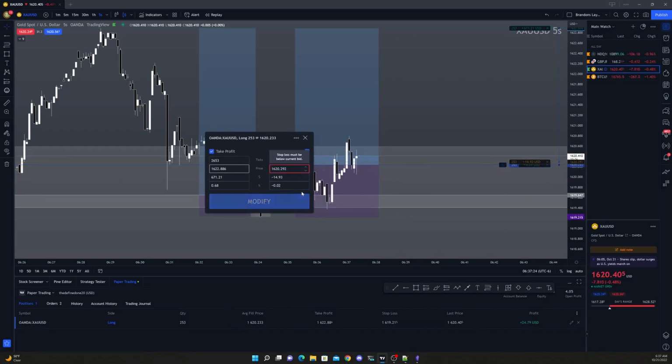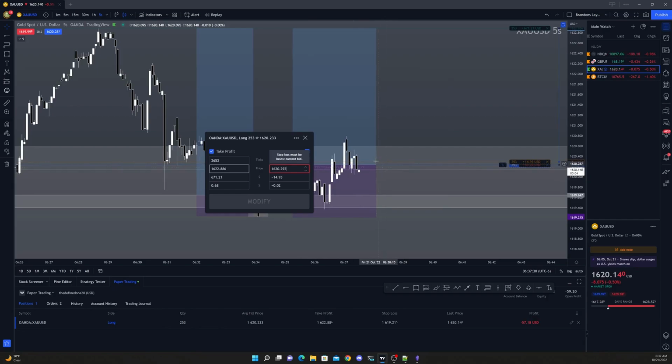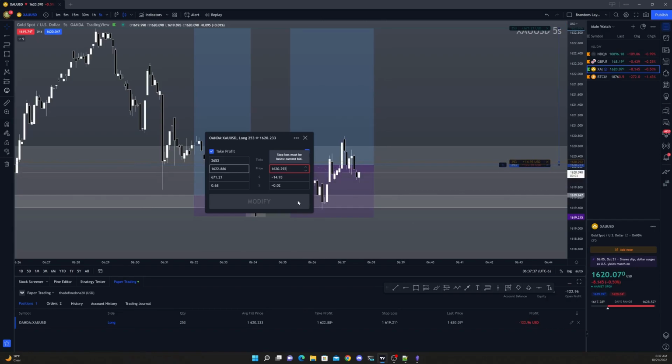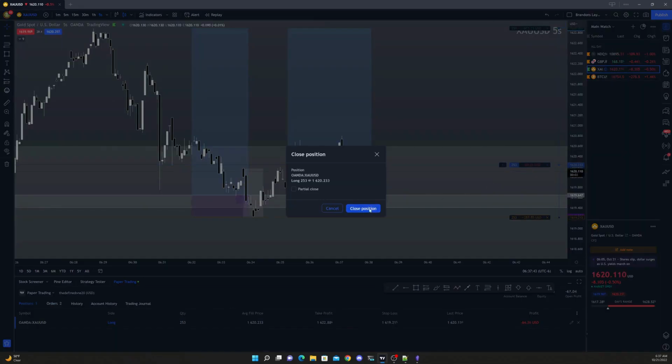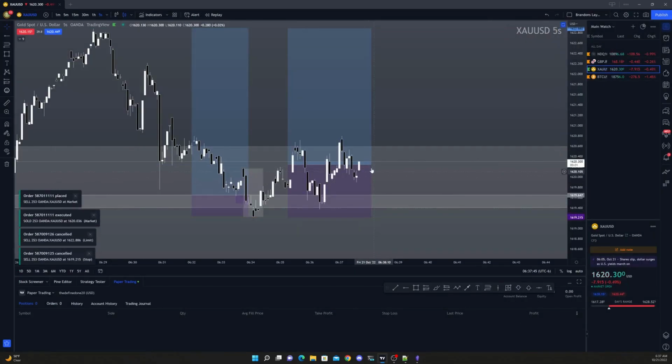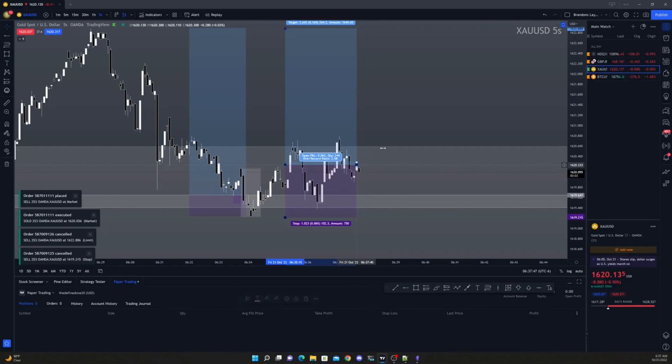And there's some pretty good spread here. It's not letting me move it to break even because between the bid and the ask, there's a pretty big gap right now. And theoretically, I should already be out of this trade, right? So we're going to close the trade, because I should have already been out of that.